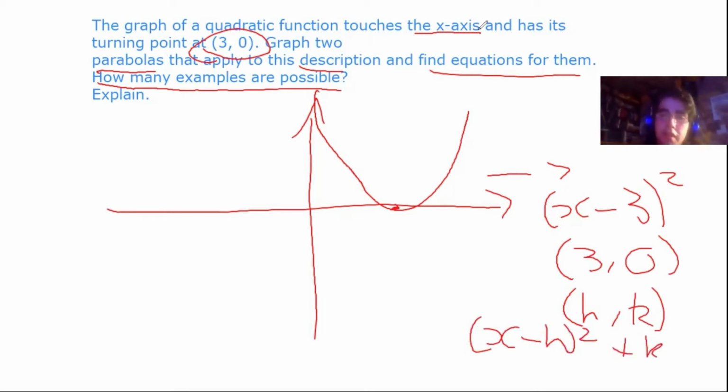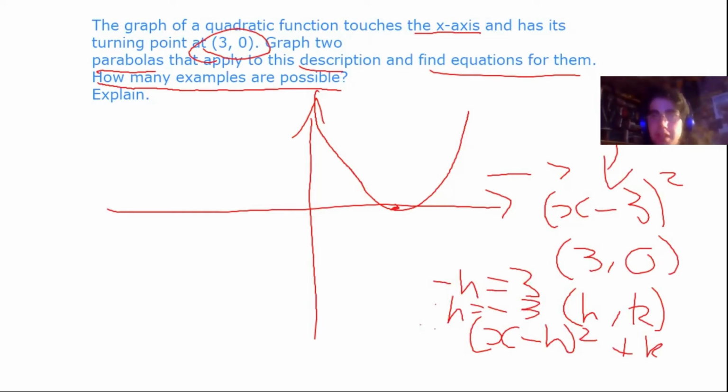So in this case, h equals 3. That's why our graph is (x - 3)² as opposed to (x + 3)², even though it goes 3 units in the positive direction.